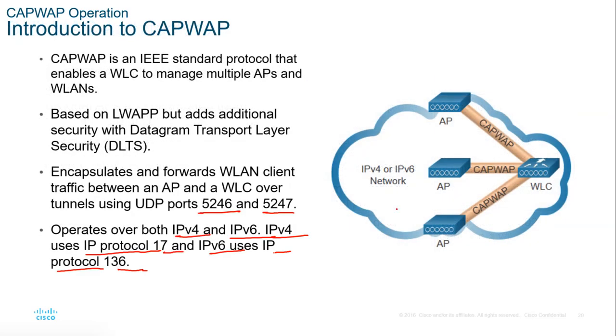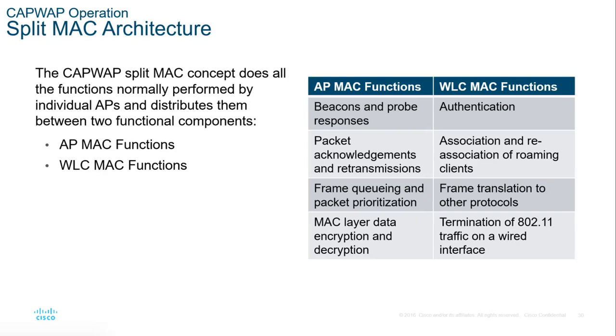So as you can see, this is a controller, and the protocol called CAPWAP is the one that is used to create a tunnel to control all these access points.